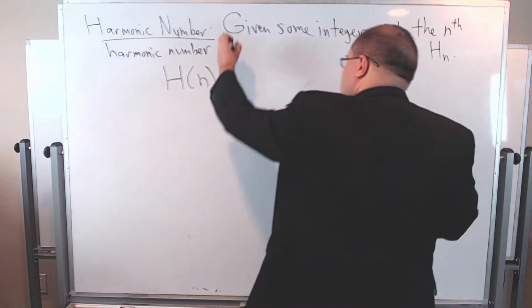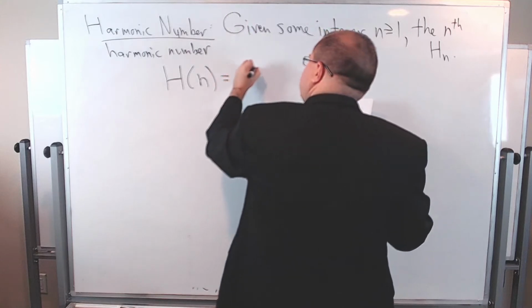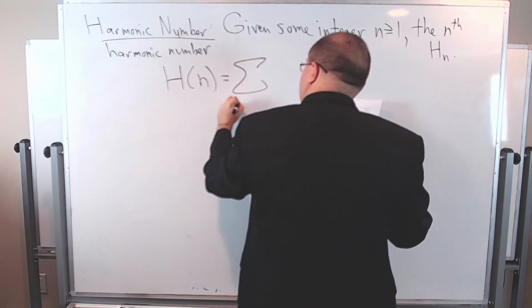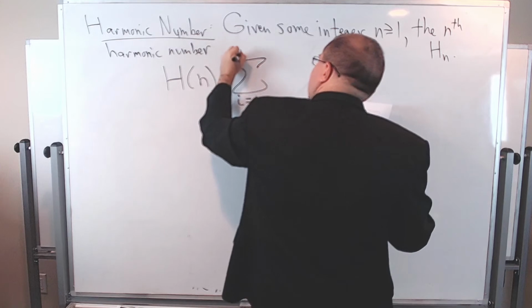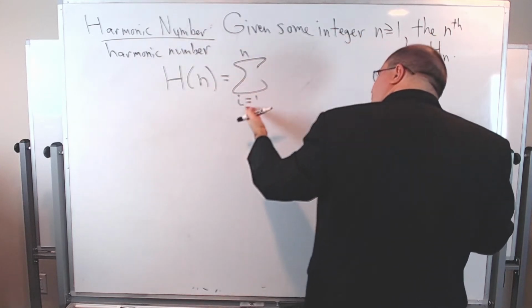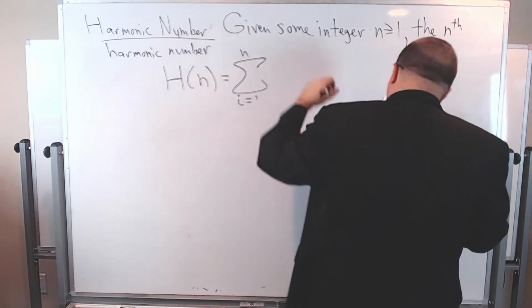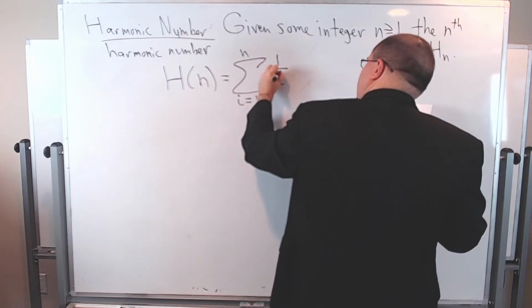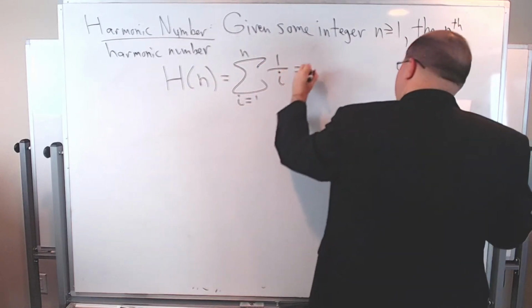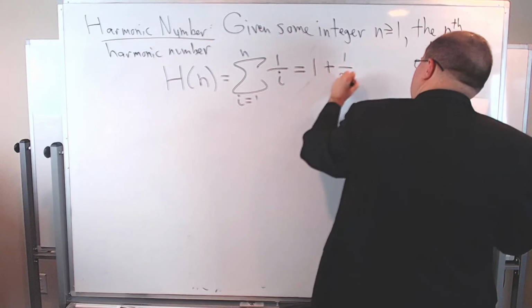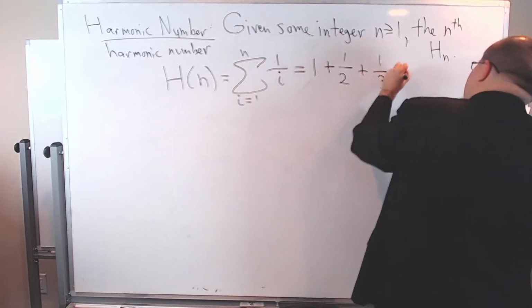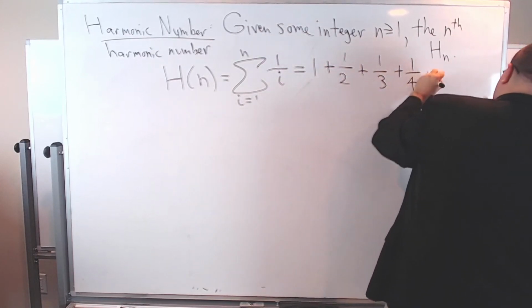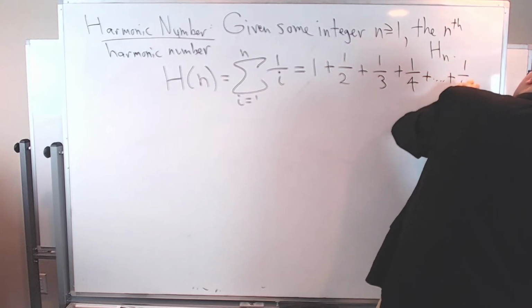So I'm going to define it here for you. It's the summation from i equal to 1 to n of 1 over i, which is written as 1 plus 1 over 2 plus 1 over 3 plus 1 over 4, all the way up to 1 over n.